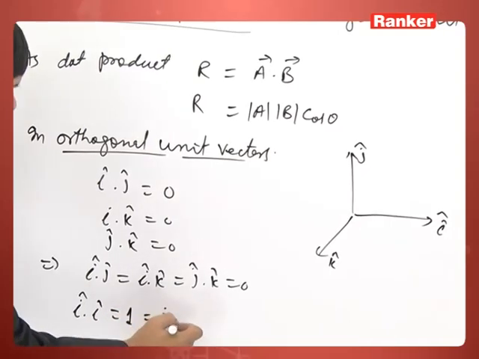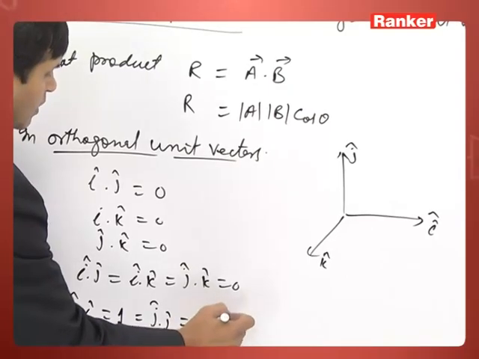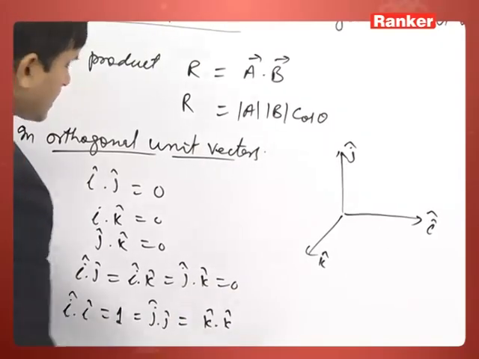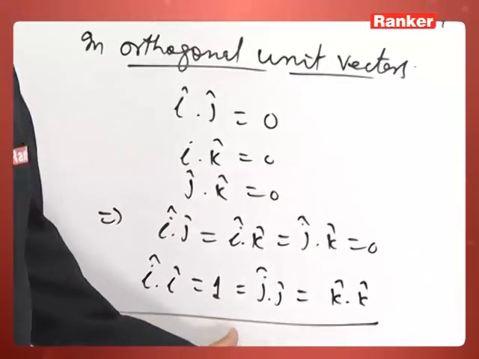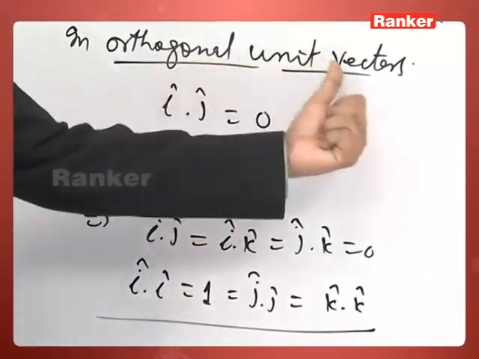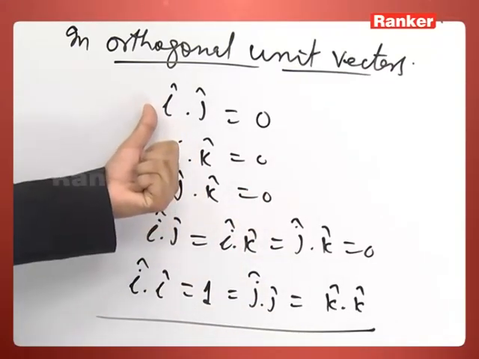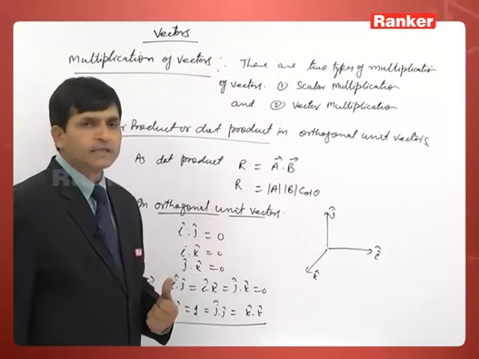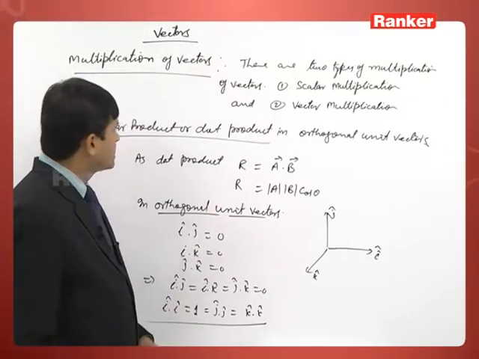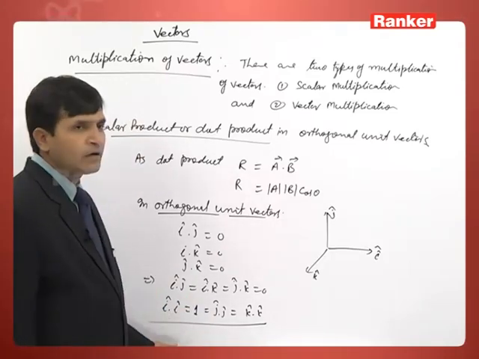Similarly, j dot j is 1 and k dot k is 1. So the dot product of similar vectors in orthogonal unit vectors is 1, and the dot product of dissimilar vectors is always 0. We have to remember this point while solving such problems.